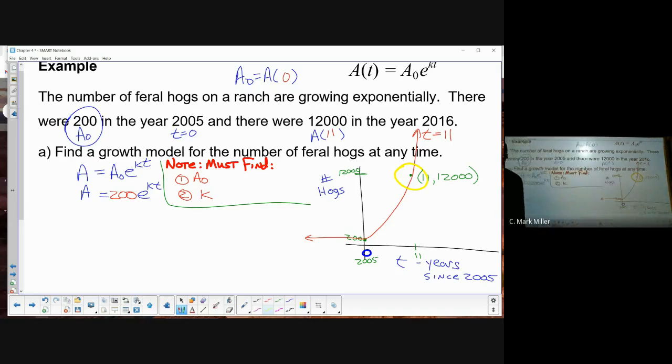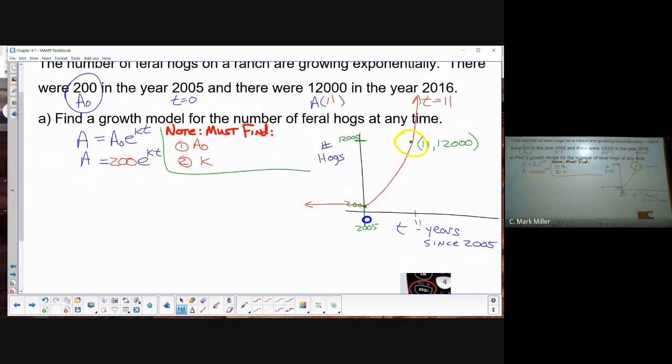So that says what? Go over to our model. Oh, by the way, now we have found A0. We need to find K. All right? So over here in my margin, I'm going to say find K. That's what we're doing now.